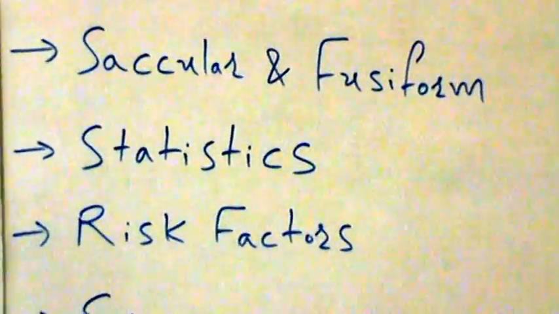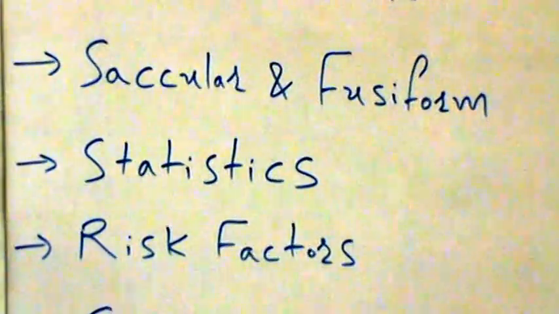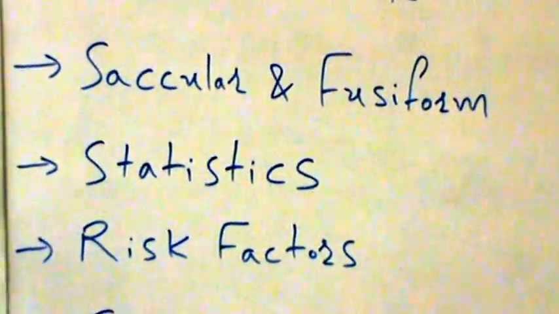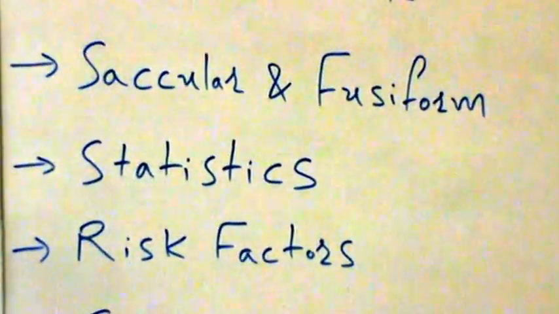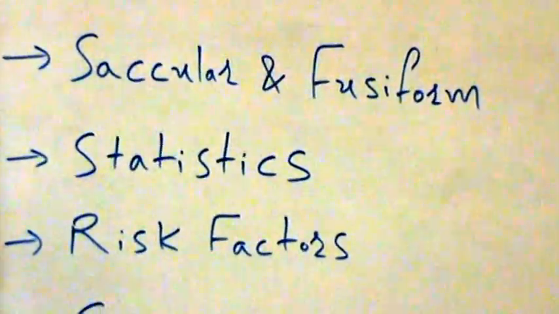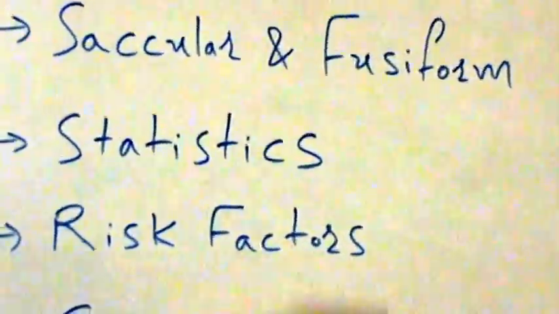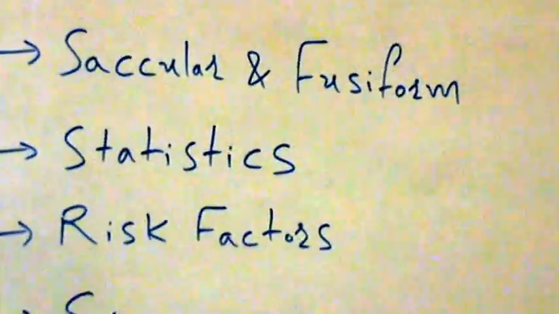Statistics. An estimated 6 million people in the United States have an unruptured brain aneurysm, or 1 in 50 people. There are almost 500,000 deaths worldwide each year caused by brain aneurysms, and half of the victims are younger than 50.